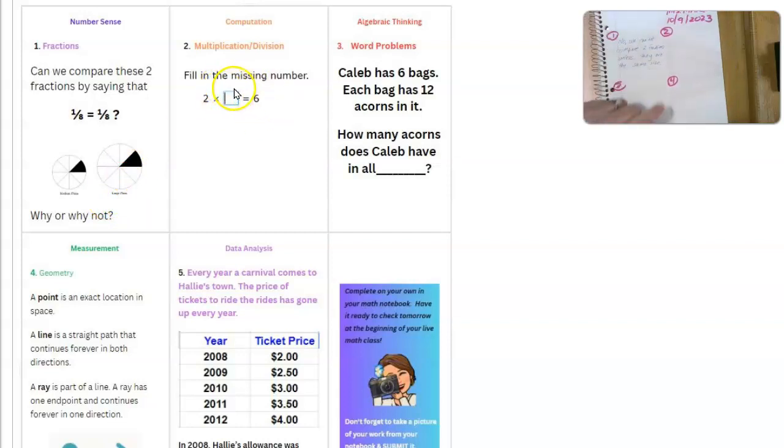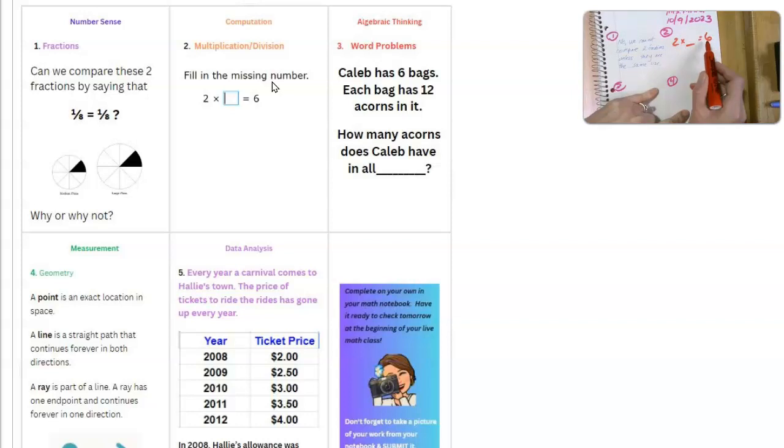Okay, number 2, fill in the missing number. 2 times what equals 6? This is also getting you ready for division because leaving out a number in multiplication is kind of like thinking of division.